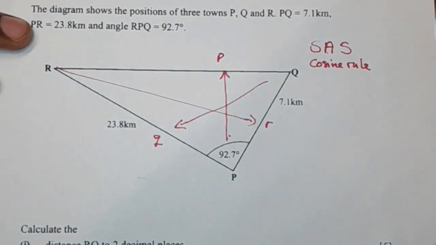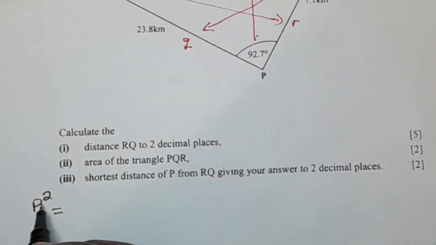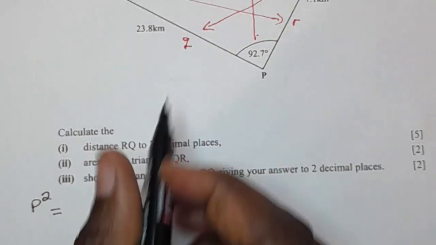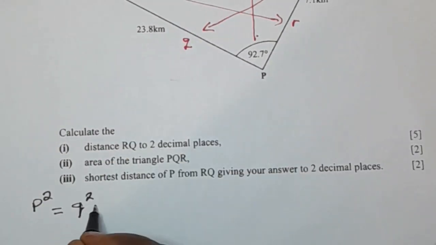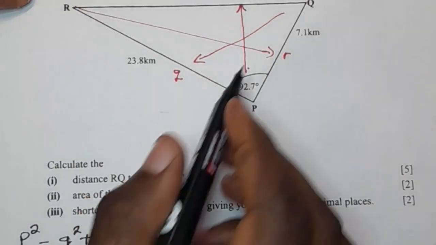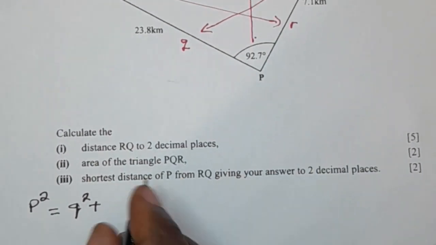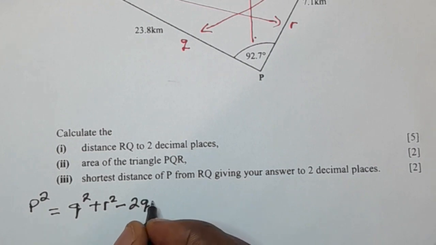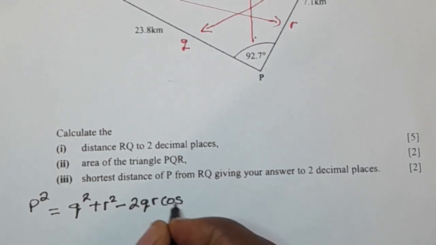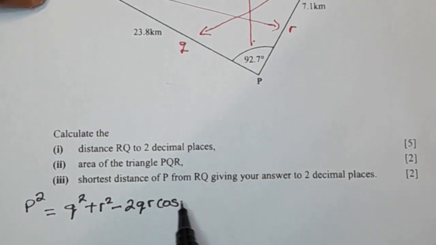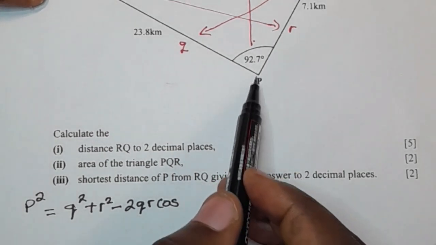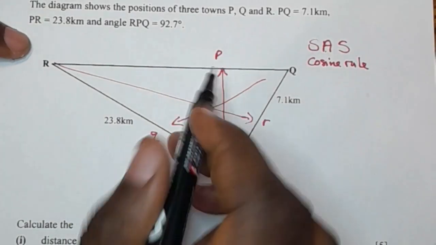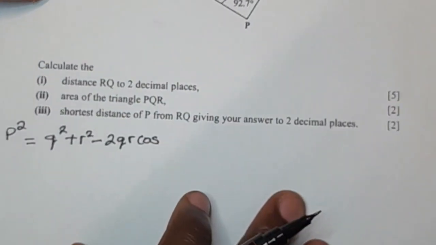The cosine is of this angle here, the angle that is opposite to the side we are looking for. So it will be cosine P.